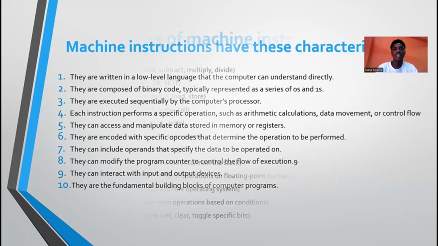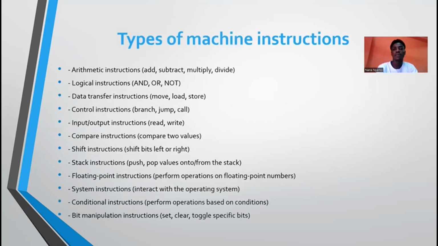Moving on to the next slides, we have the types of machine instructions. We have arithmetic instructions, that is addition, subtraction, multiplication, and division. We have logical instructions, which are the Boolean expressions, the AND gate, the OR gate, the NOT gate.